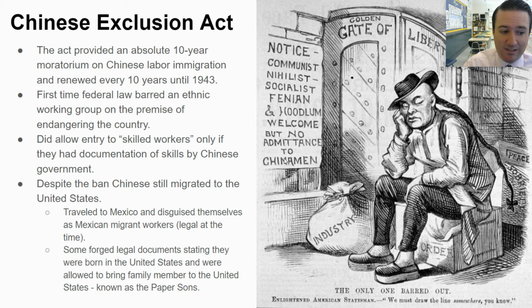They were known as the paper sons, and it became an even bigger issue after the San Francisco earthquake and fire in 1907, where a lot of the records were burnt to the ground. So it was, I don't have my immigration papers, but I can tell you everything I know about my family, and as long as I memorized it, they could get through the system. So the Chinese Exclusion Act, even though it was intended to slow Chinese immigration in particular, didn't stop it outright.